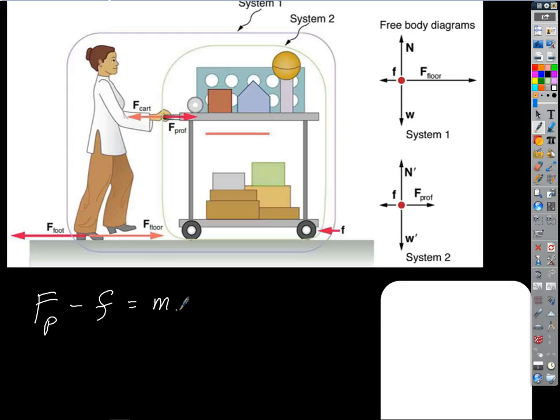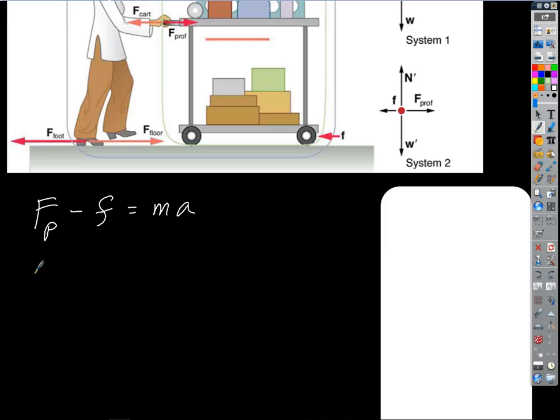And in this case, m is the mass for system two. We know the acceleration, we know the mass, and we know the frictional force, but we don't know the pushing force. So we can plug in numbers.